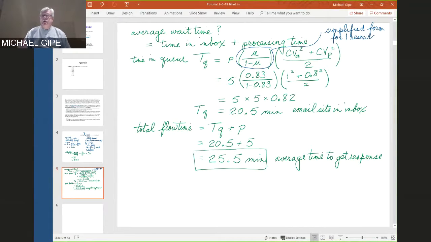Since in the formula for multiple resources, a pooling of resources, the square root of 2 times m plus 1, minus 1, if you put in 1 for m, it's the square root of 4, which is 2, minus 1, and it comes out to 1. So essentially, it reduces to this form.